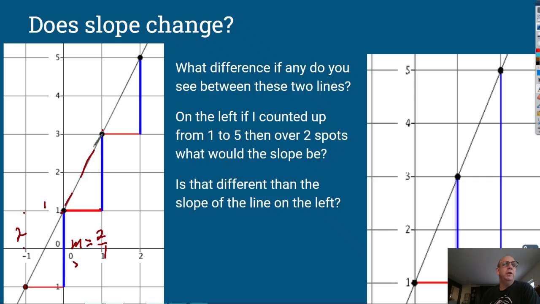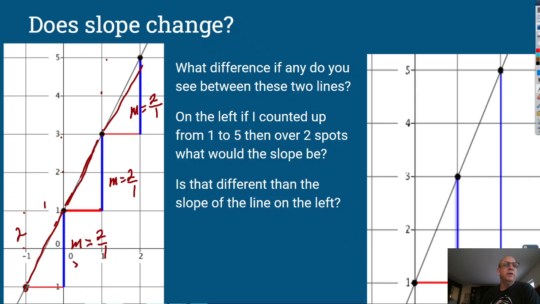So the slope here is again up 2 and over 1. And this one, again, is exactly the same. We go up 2 and over 1. And this is important because each of these individual parts of the line have the same slope.